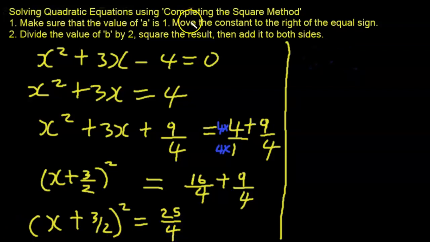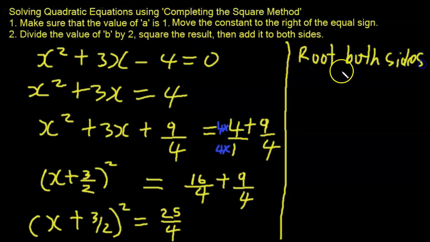And now we take the square root of both sides, so we root both sides. So we take the square root of the left hand side. We get x plus 3 over 2. And we take the square root of the right hand side.